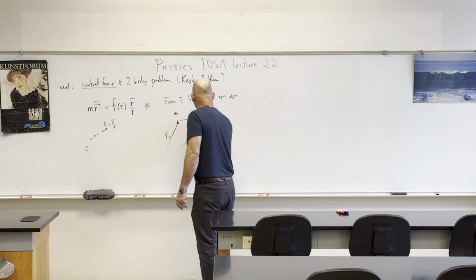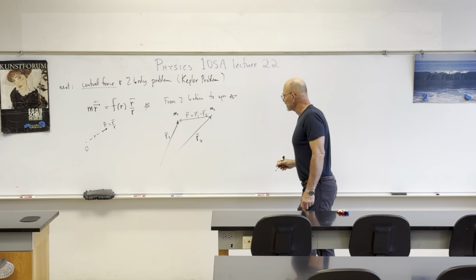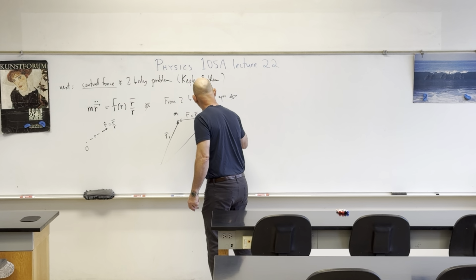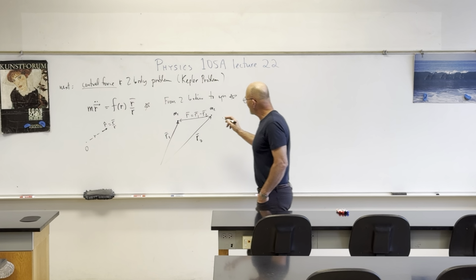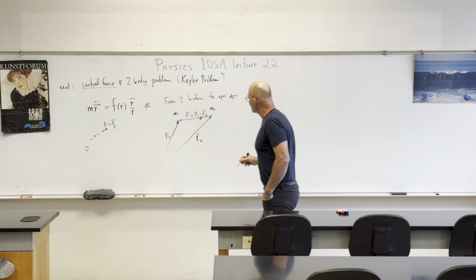Okay. So what we do to solve these is we define this relative vector r equals r1 minus r2. You notice it's pointing at 1 from 2 here. And we locate the center of mass. I always put a little star for the center of mass. So we've got a little star right there, the center of mass.